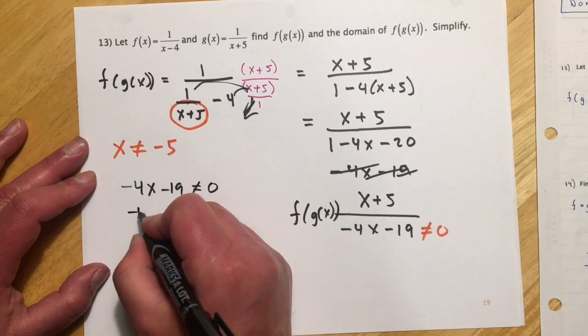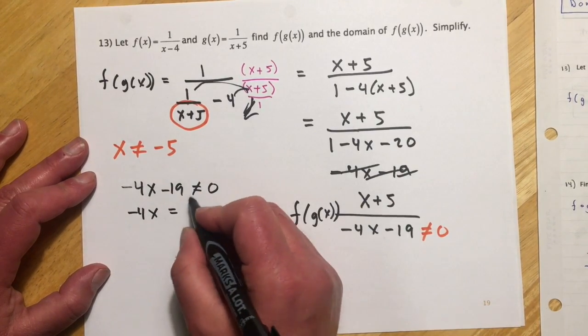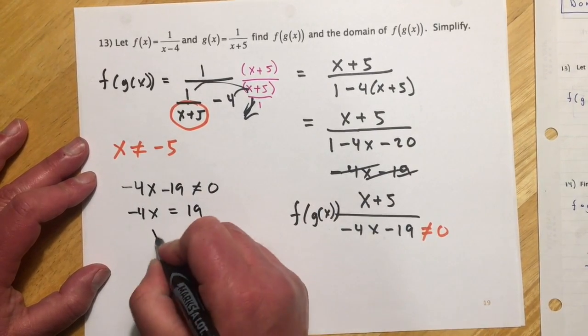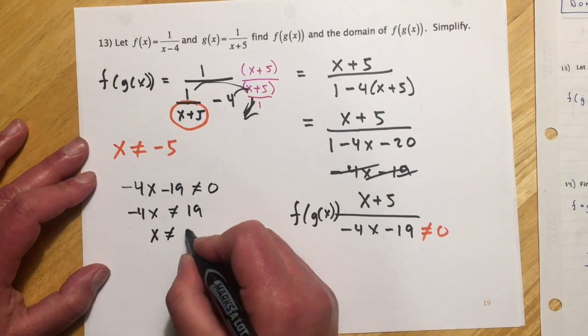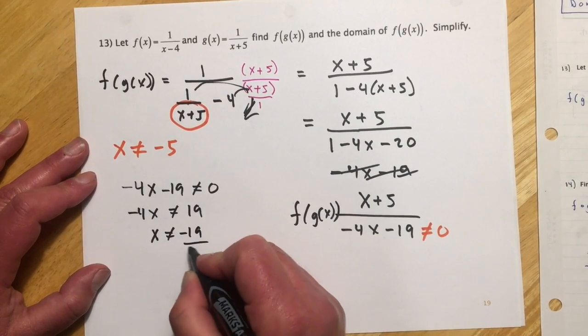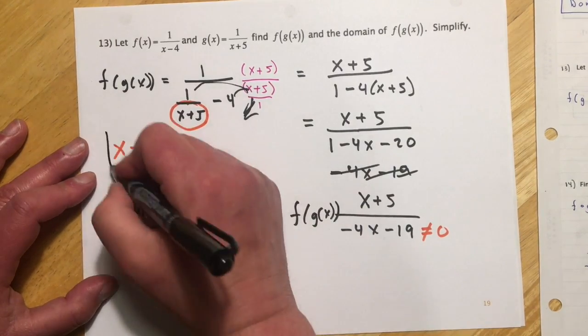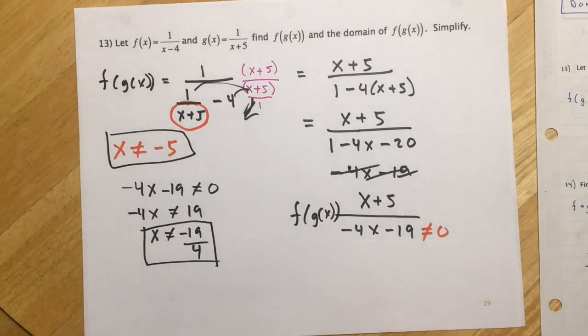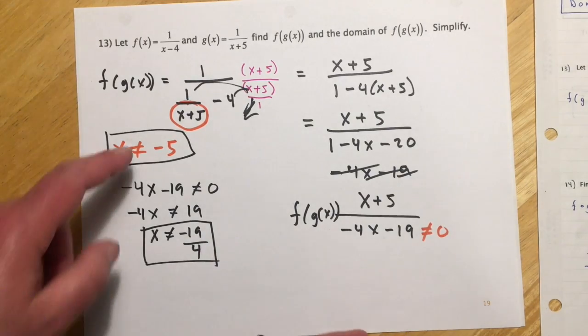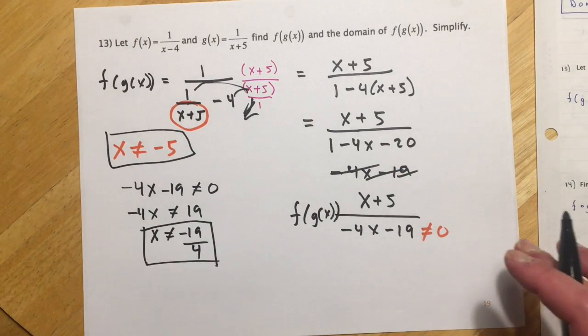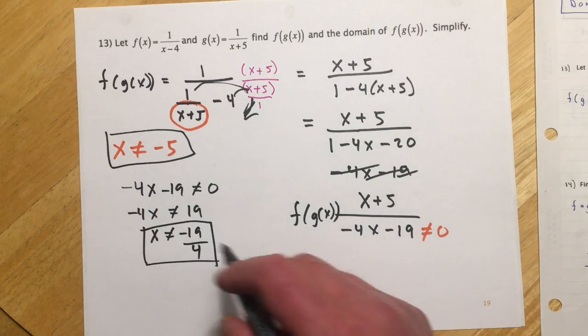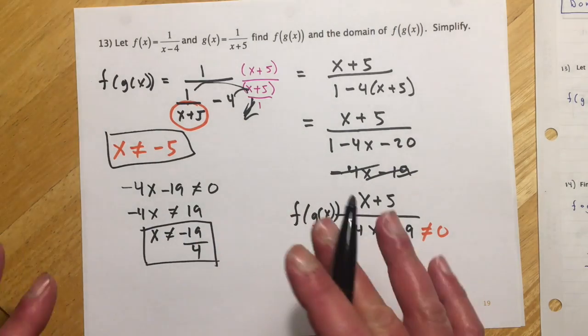And so then negative 4x doesn't get to be 19, and x isn't negative 19 fourths. So there's one piece, and there's the other piece. And I'm perfectly happy with that. You do not have to write out the interval notation on the test. If you just tell me the 2 bad numbers, that totally gets it done.